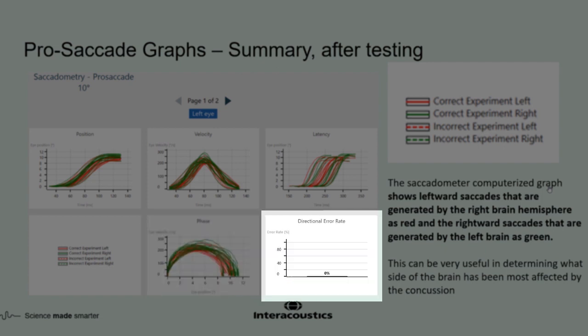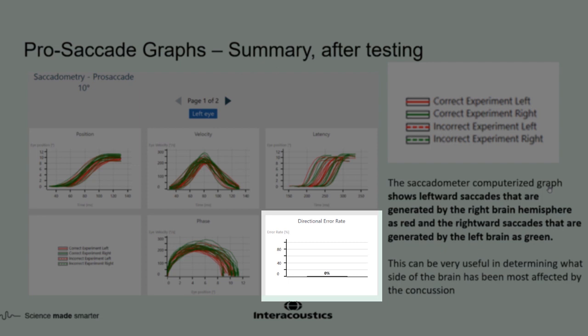And then finally, we get to look at directional error rate. Directional error rate is key for evaluating anti-saccades, which we'll get to in a moment. Directional error rate essentially means if a target is presented on the right and the patient is asked to saccade to the right during a pro-saccade, a directional error would be them moving their eyes anywhere other than to the right. So if there's any initial leftward movement, that would be a directional error.